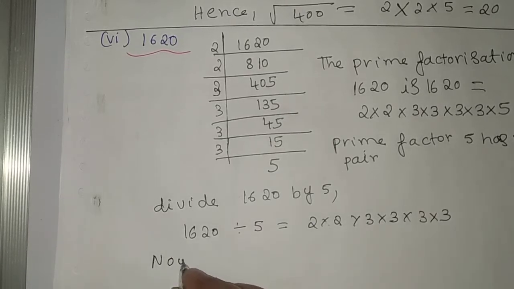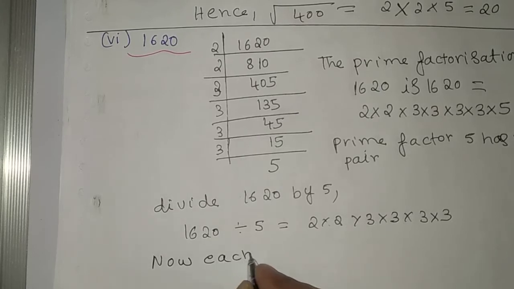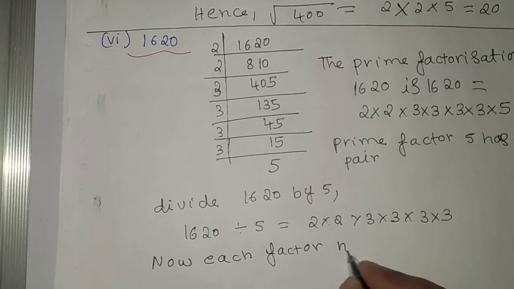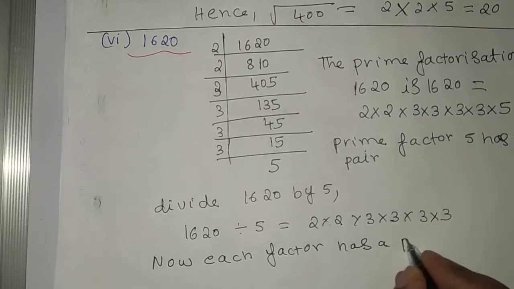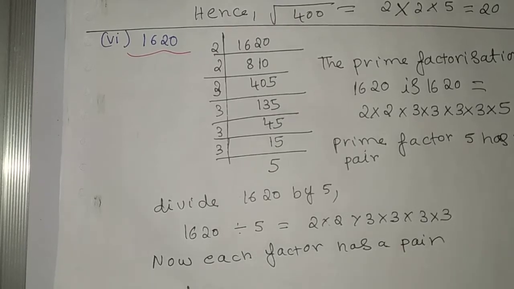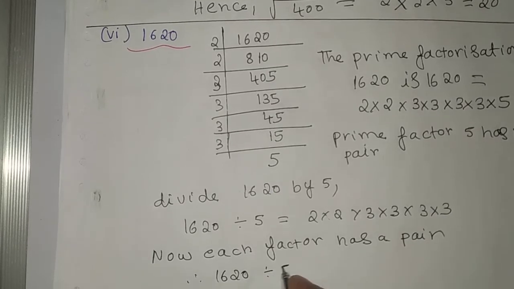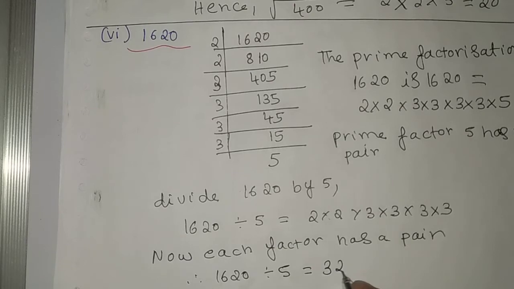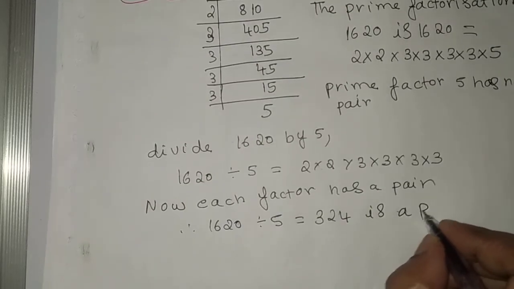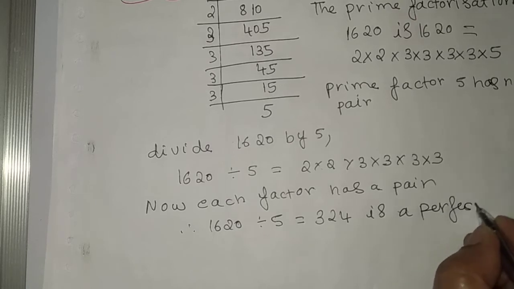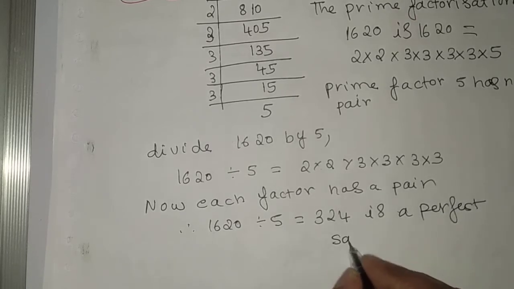Now each factor or prime factor has a pair. Now what happens? Therefore 1620 divided by 5 is equal to 324 is a perfect square.